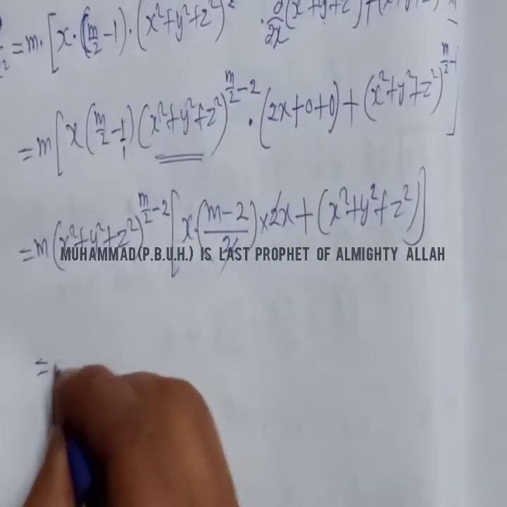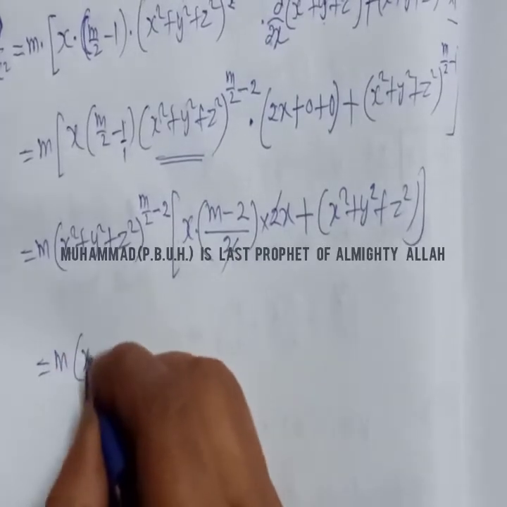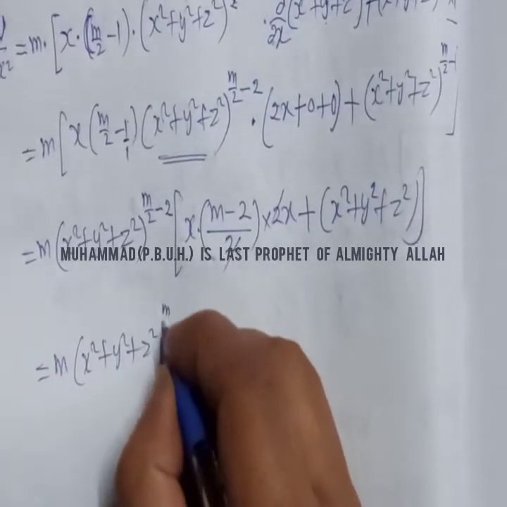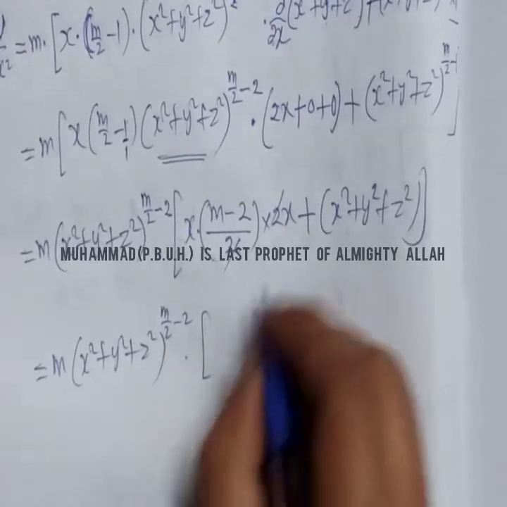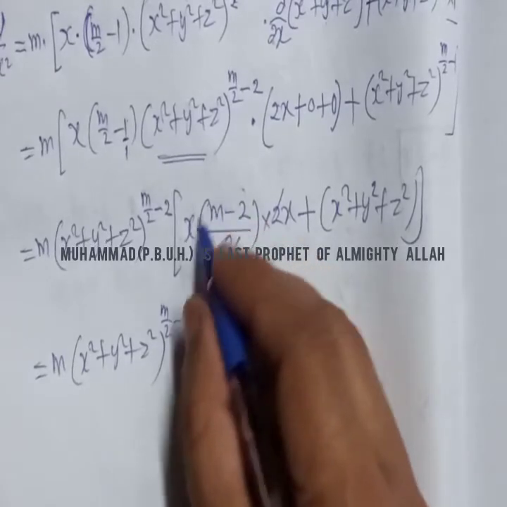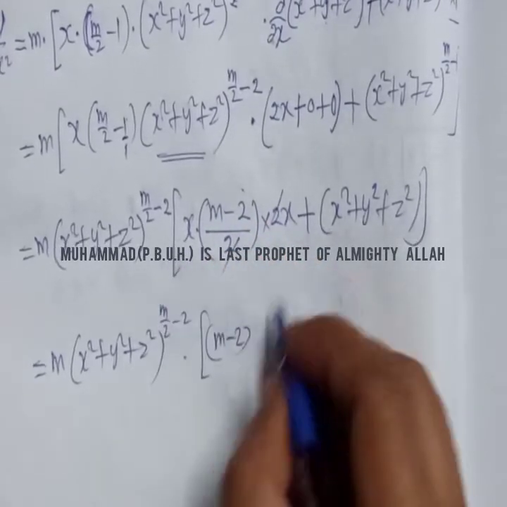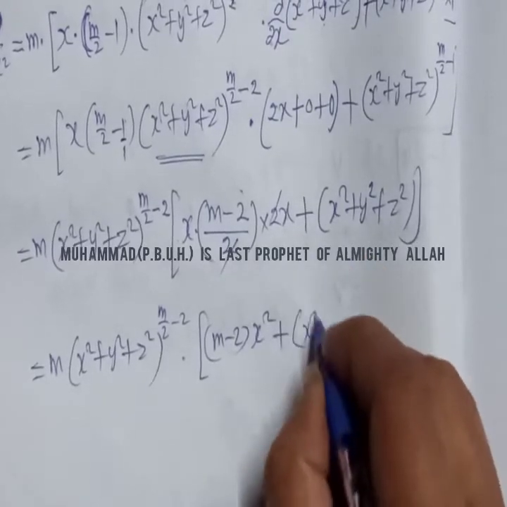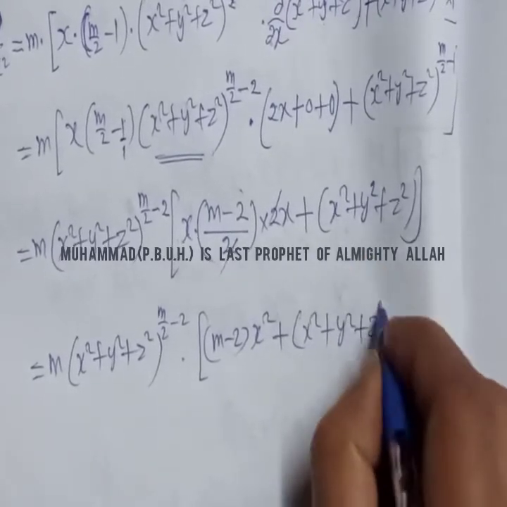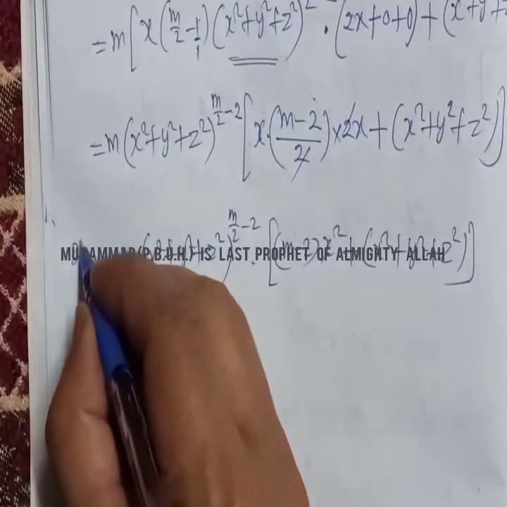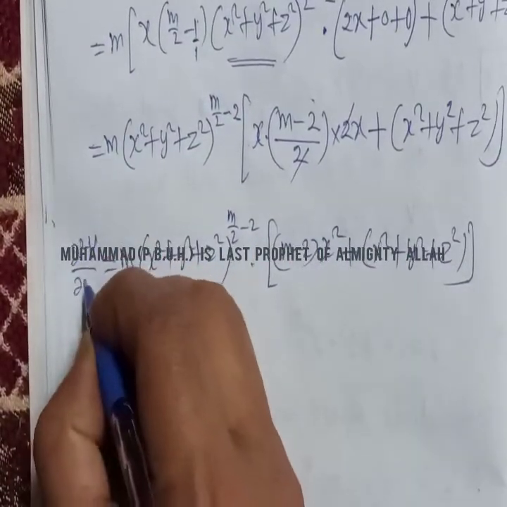Next term: m (x²+y²+z²) whole power m/2 minus 2, and we write m minus 2 first, and then x into x² plus x²+y²+z². This is the value of del²v over del x².